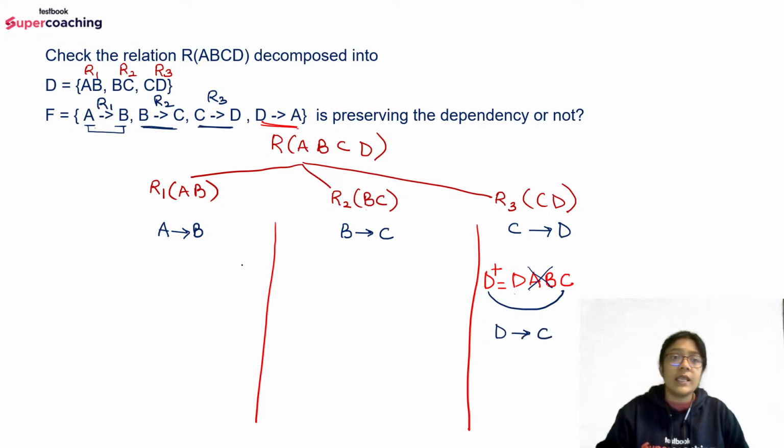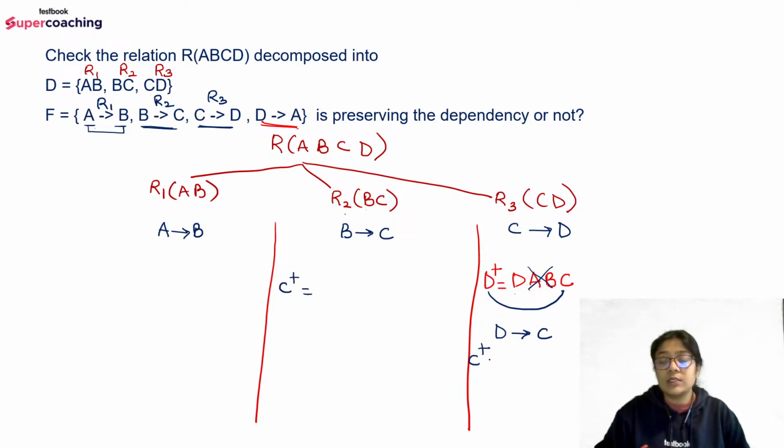अब C से A तक पहुंचने का कोई तरीका है? Let us find out, let's try finding out C closure. कहां पे फाइंड करेंगे? C is the attribute of R2, you can find here in R3 as well, and C closure here.